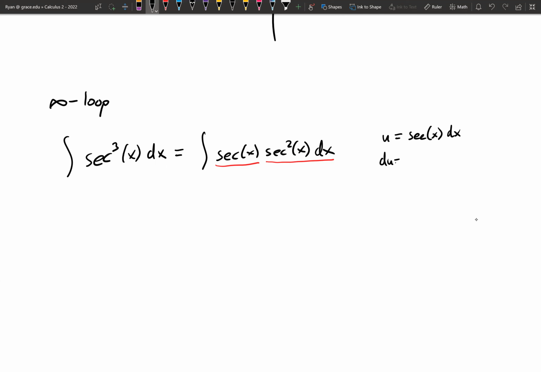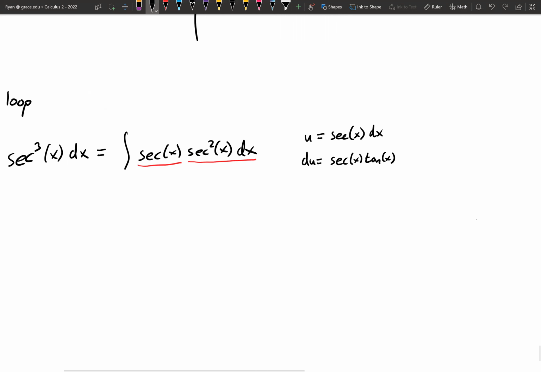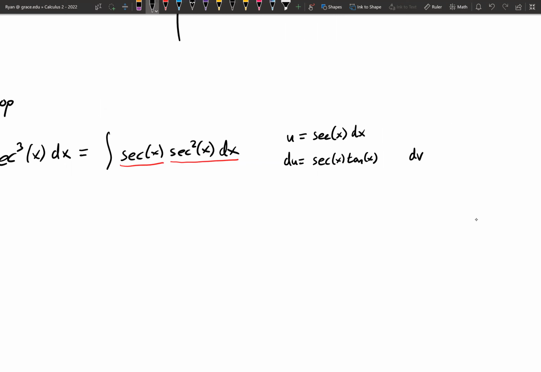So then du, derivative of secant, is secant tangent. And then I've got dv is secant squared of x dx. So v is tangent of x.